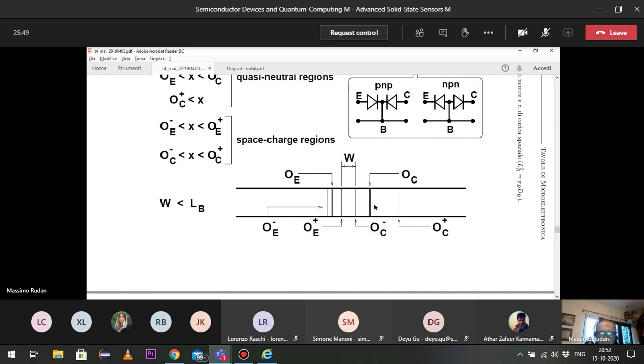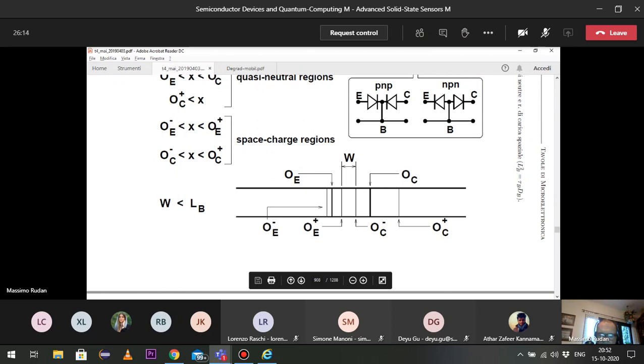Similarly, the extension of the space charge region of the collector junction on the base side is smaller than that of the collector side, again, because the doping in the base has a larger concentration than that of the collector.